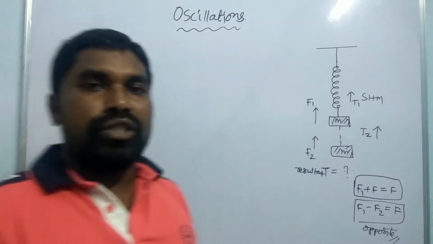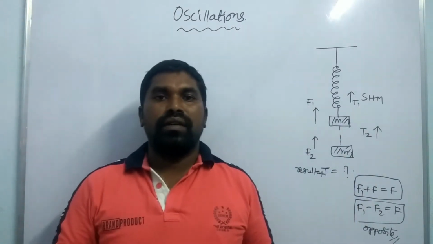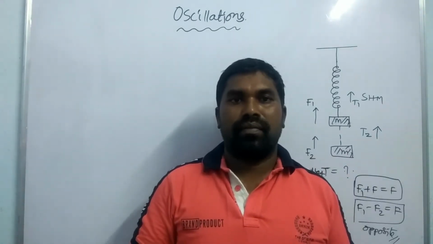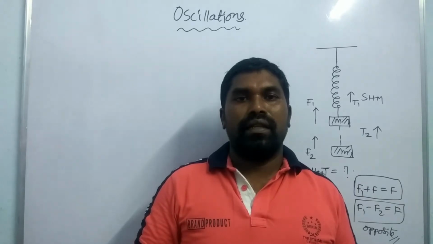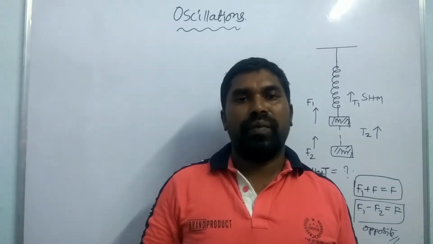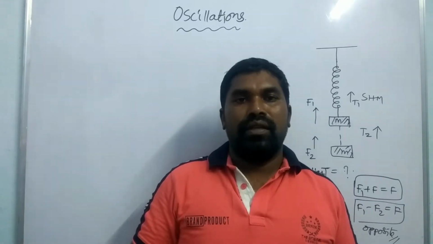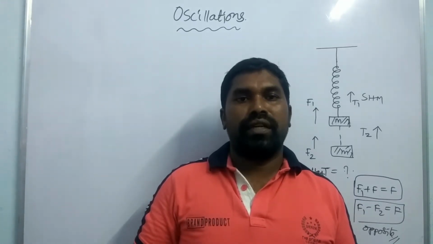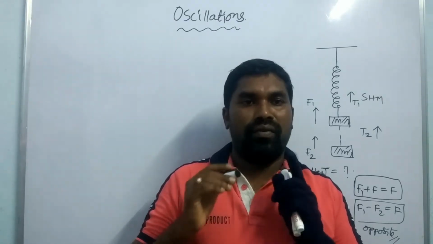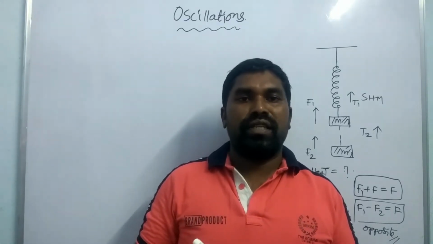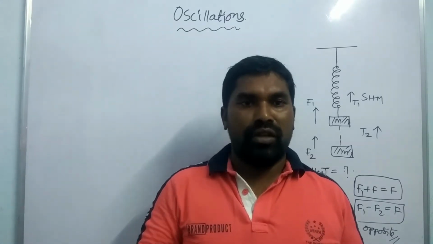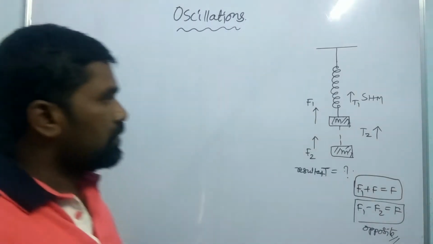If a particle is doing simple harmonic motion in the time period of T1, the force acting is F1. For the same particle the time period is T2 and the force is F2. If the two forces are in the same direction in one case and in the opposite direction in the other case, then what would be the time period of that particle?